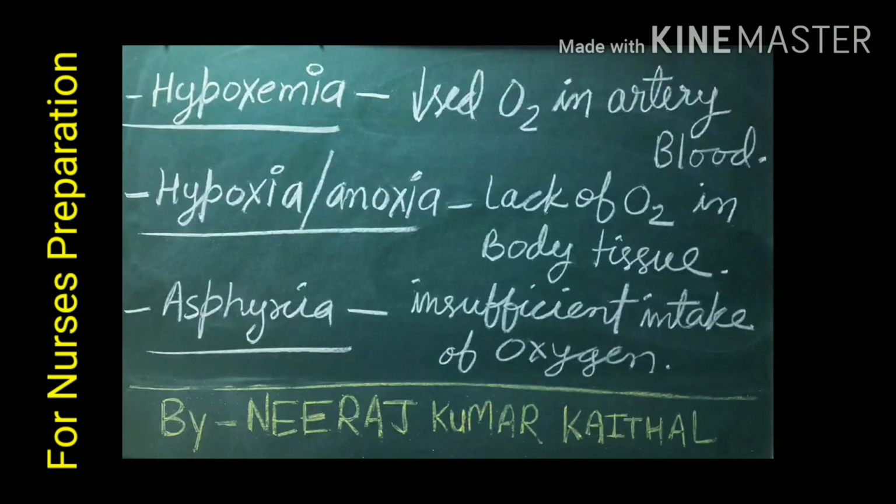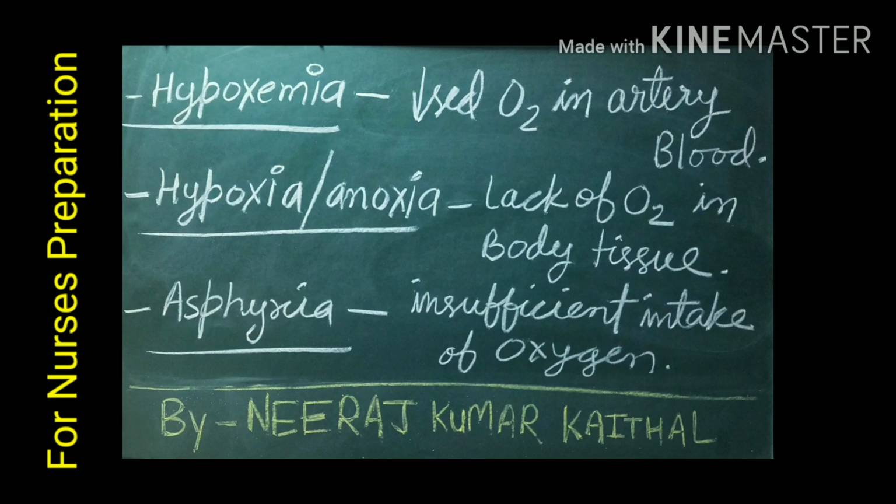Important terms. Hypoxemia. Hypoxemia is a condition in which oxygen amount decreases in arterial blood or bloodstream. Hypoxia or anoxia is a condition in which there is lack of oxygen in body tissue.